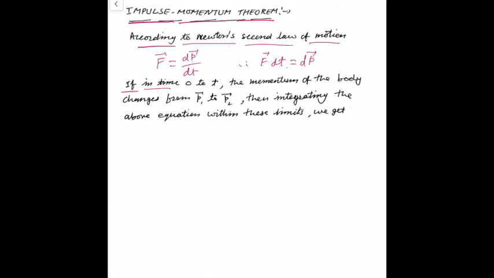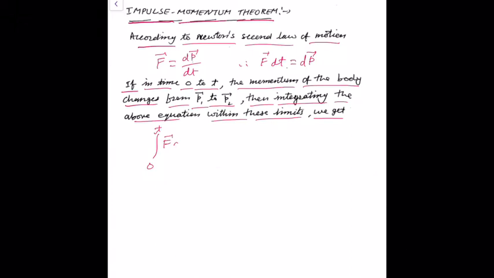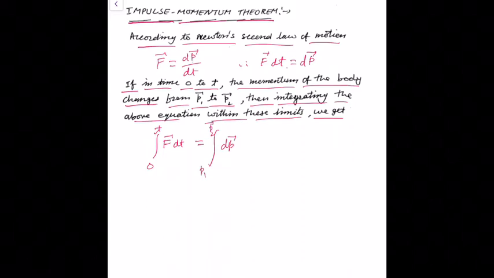If in time 0 to t the momentum of the body changes from p1 vector to p2 vector, then integrating the above equation within these limits, we get integration from 0 to t F vector into dt is equal to integration from p1 vector to p2 vector dp vector.